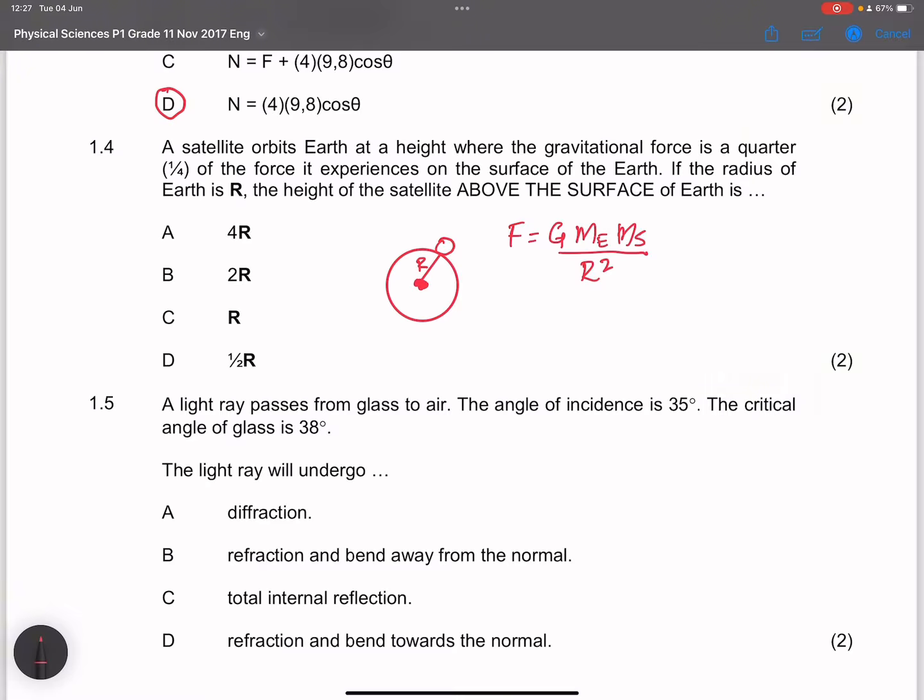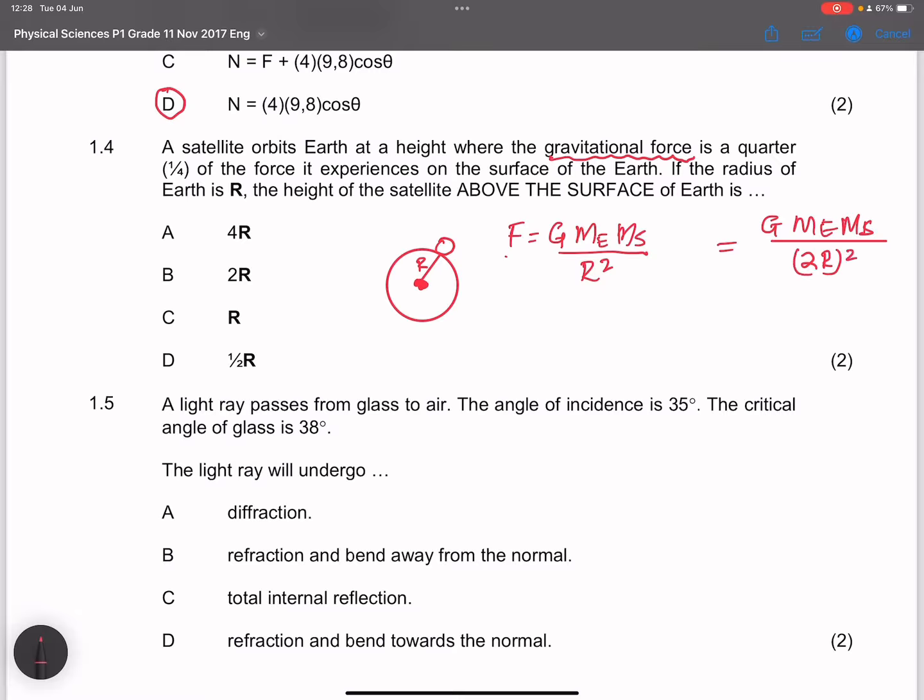Now note, what happened here? They said the gravitational force that it experiences at a certain height is now a quarter of the force. The only way that we could have that force being 4 times less is if the mass of the Earth and the mass of the satellite stay the same, and we have 2 times the radius of the Earth.